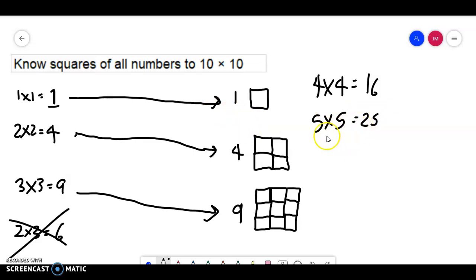You should already have your multiplication memorized, but specifically square numbers is something that you also need to remember and memorize. So if somebody asks you, what are all the square numbers from 1 to 100?